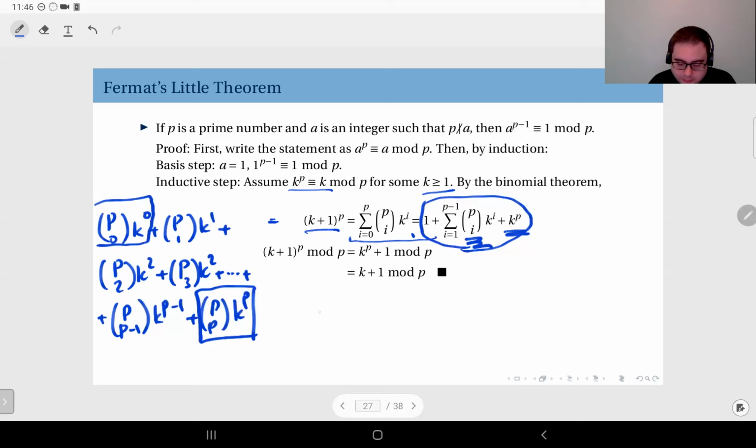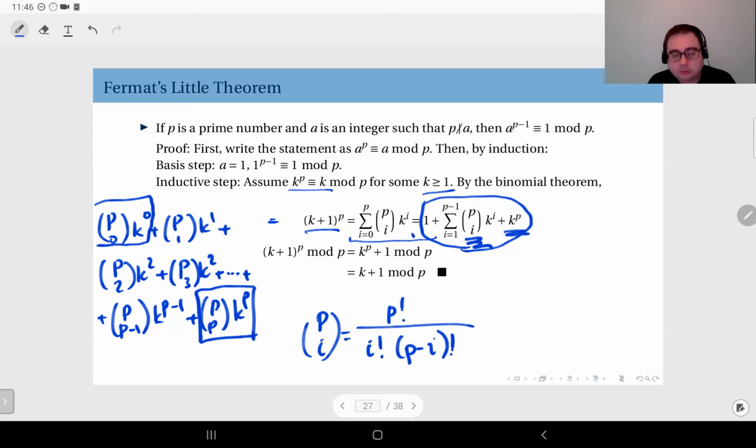So for instance, p choose i, in the general case, is p factorial divided by i factorial times p minus i factorial.